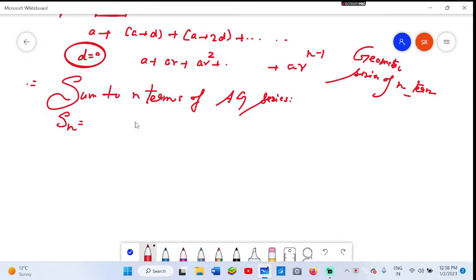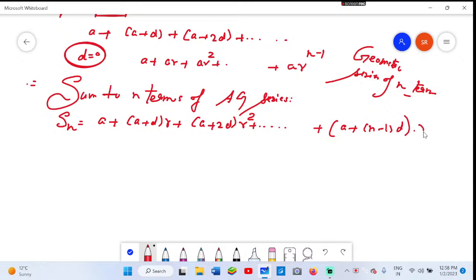Sum to n terms. It is a plus d into r, a plus 2d into r square, likewise a plus (n minus 1) into d into r raised to power n minus 1. This is AG series with n terms.